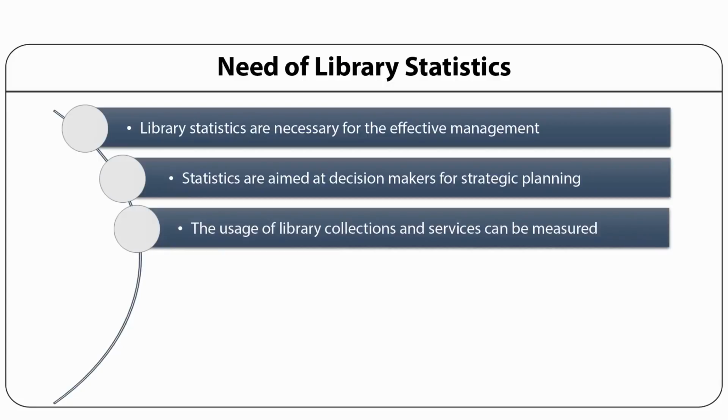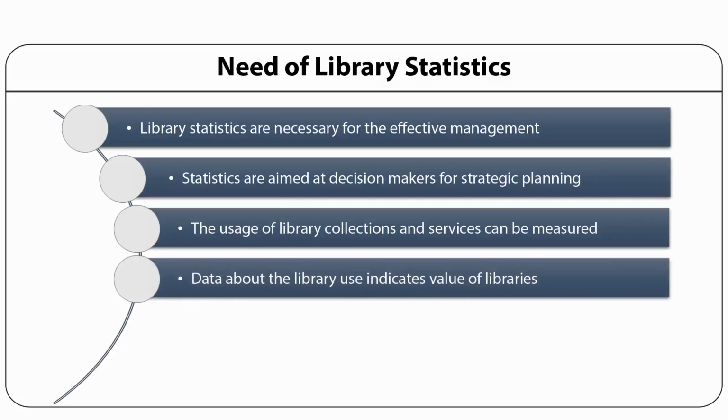Usage of library collection and services can be measured using statistical methods. Data about library use indicates the value of libraries. As I was telling you, if a management body can find out that they have 20,000 books, out of which maybe only 7,000 books are used and the rest are unused documents, they might say, okay, we won't be purchasing print volumes next time, because only 7,000 print resources are in use, and most of the resources are utilized by our researchers which are available online.